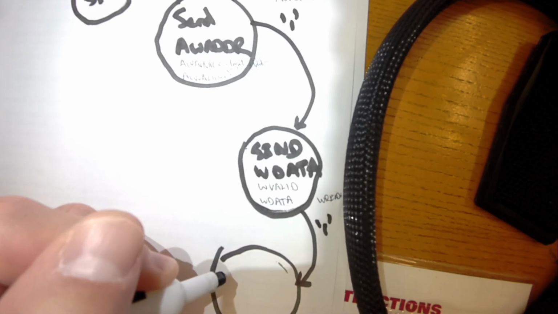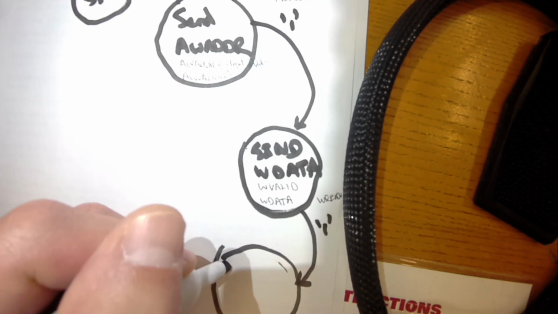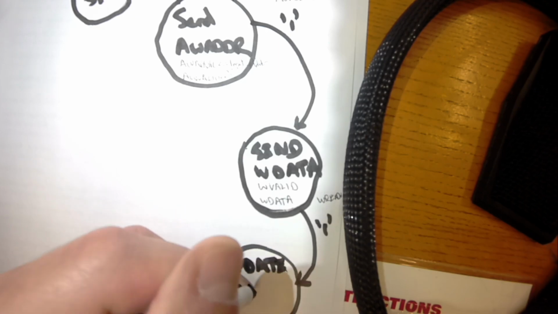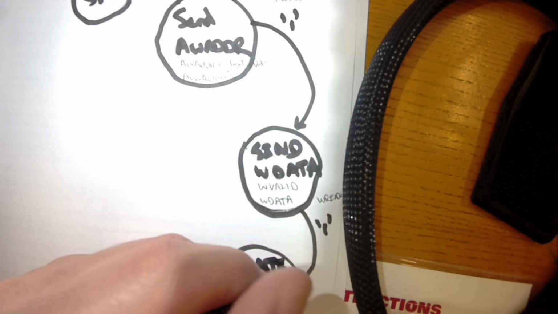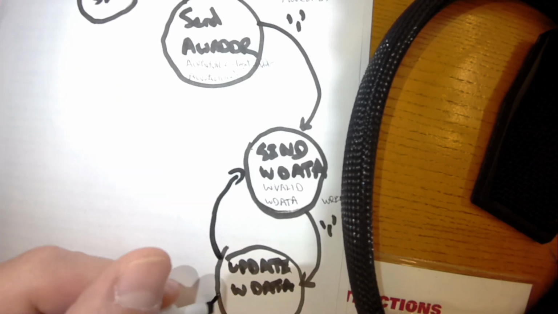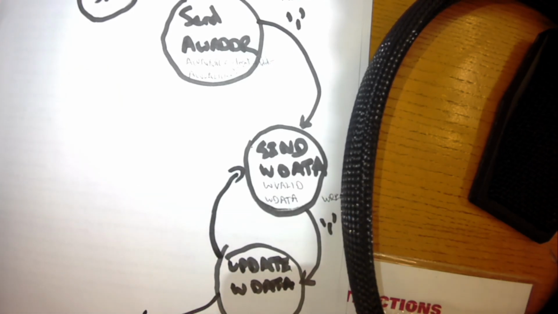I'm sending 8 values here. I would call this state like update W data or something like that, which is technically going to cause us an extra cycle of latency for every beat in our 8-beat burst here.